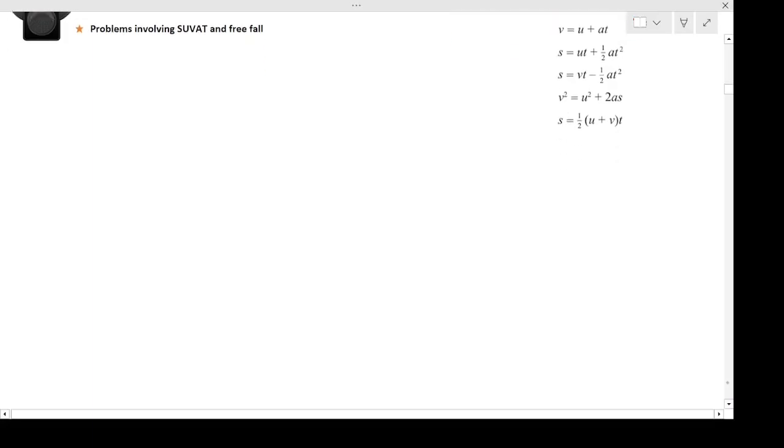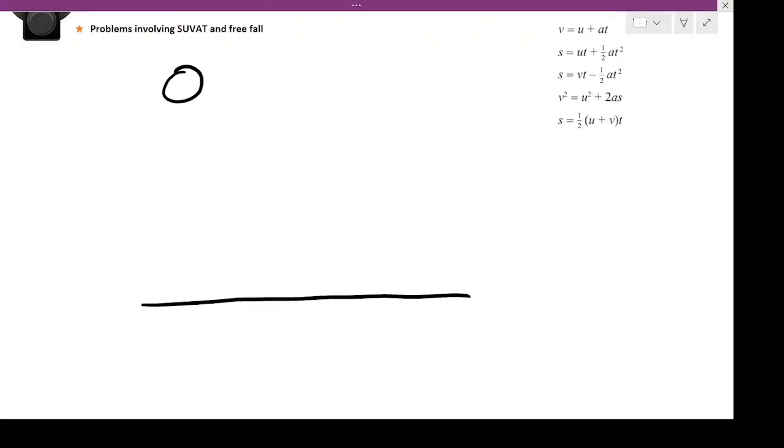We're going to be looking at things falling down and bouncing up. As a general example, let's say we have a ball here, and then the ball eventually hits the ground here. So this is my ground.